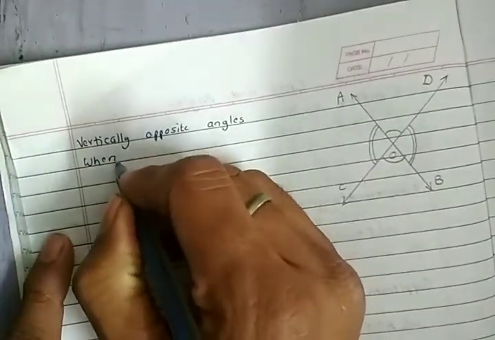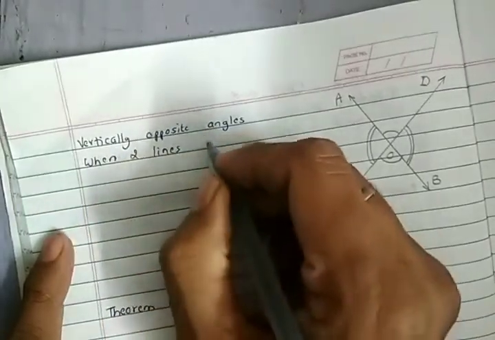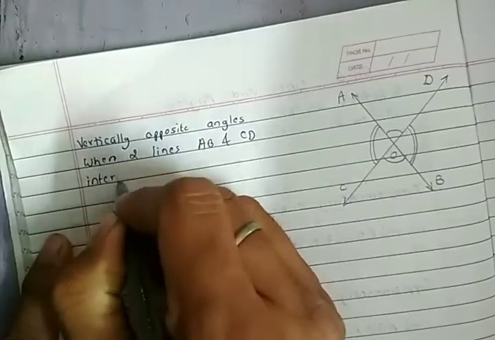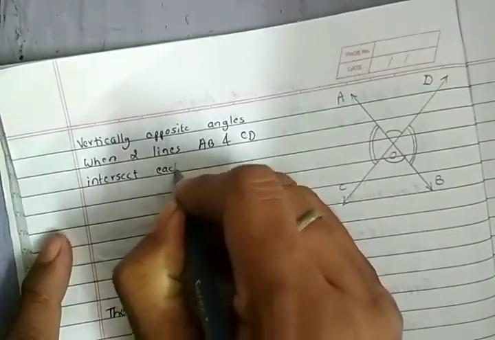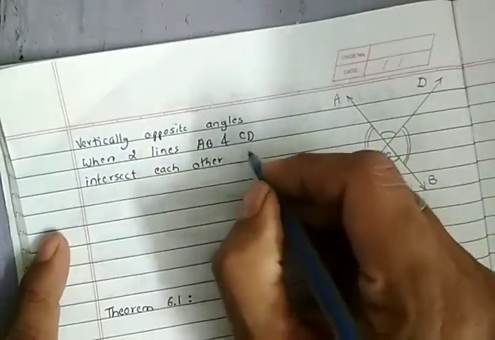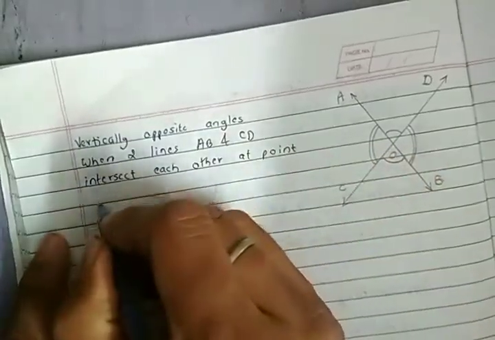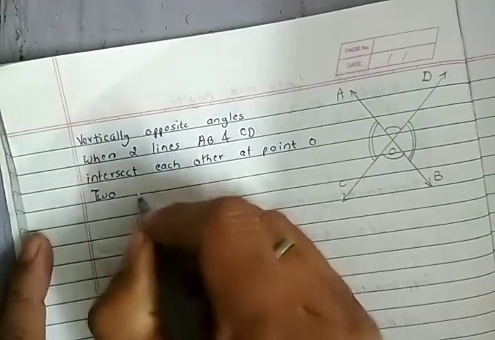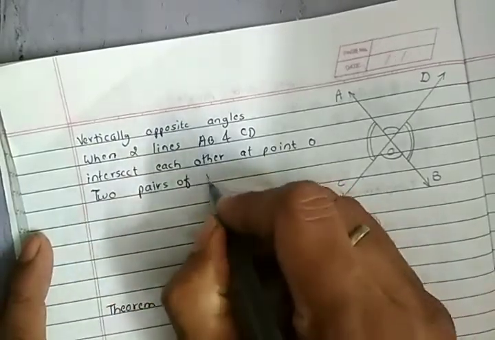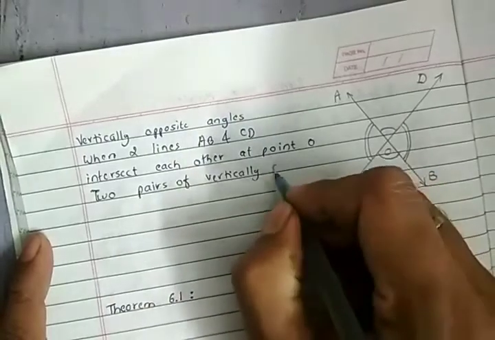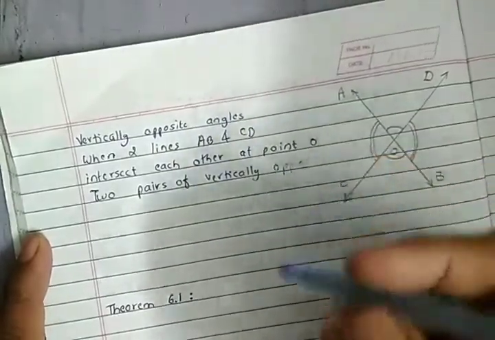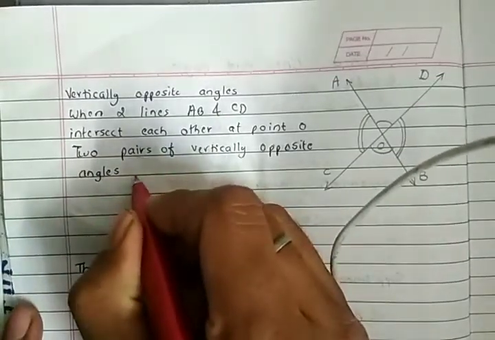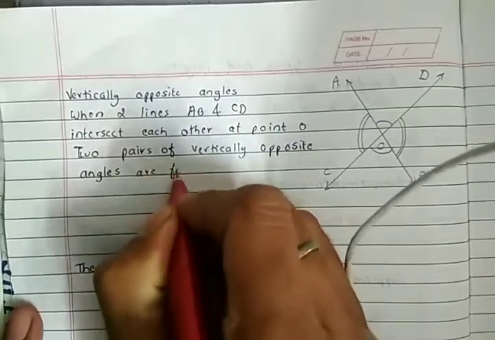When two lines AB and CD intersect each other at point O, two pairs of vertically opposite angles are formed.